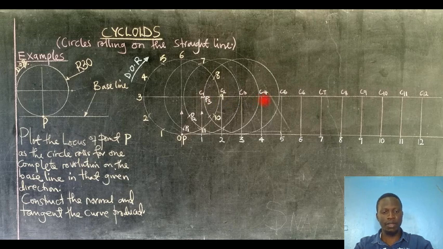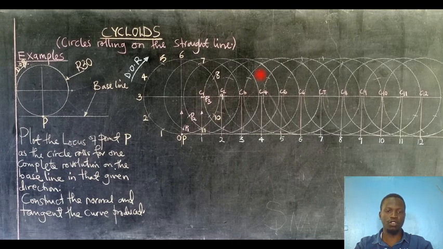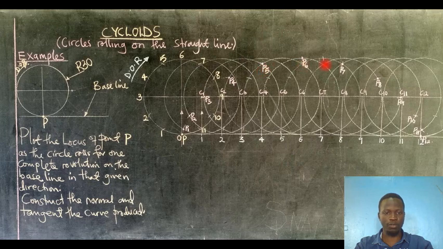Repeat the same with C4, C5, C6 until you reach C12, as you can see. As you mark the points to locate P3, P4, P5, P6, P7, P8, P9, P10, P11, and finally P12, those arcs there show those points. And when you include the labels, you have P4, P5, P6, P7, P8 up to P12.